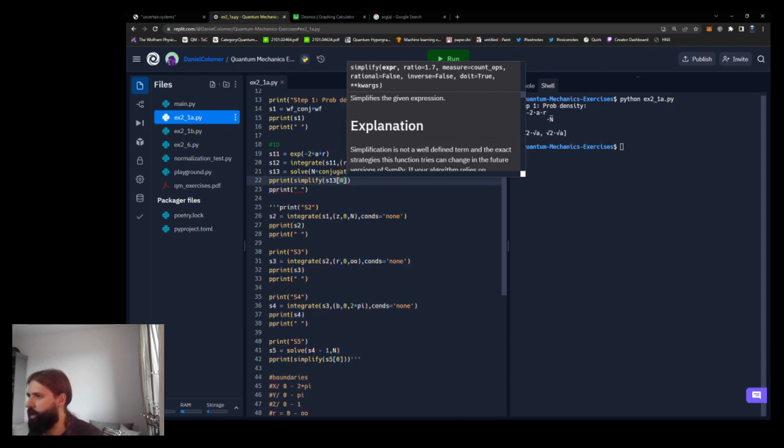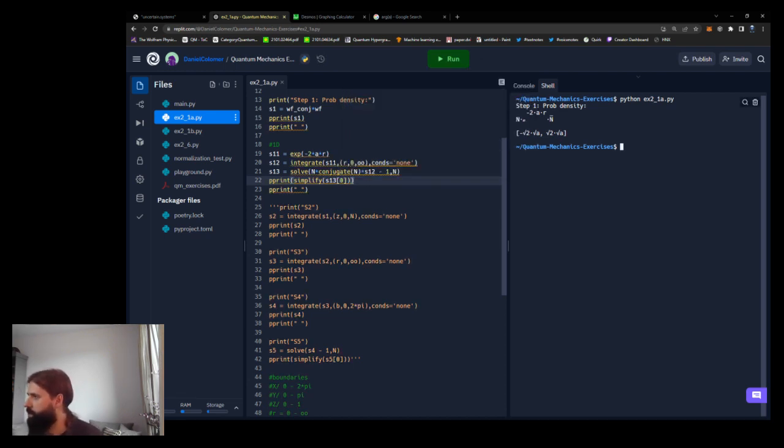Say the first solution, whatever it is. Actually, it's square root of 2 times square root of a. So for example, say a is 1, then square root of 2 times square root of 1.